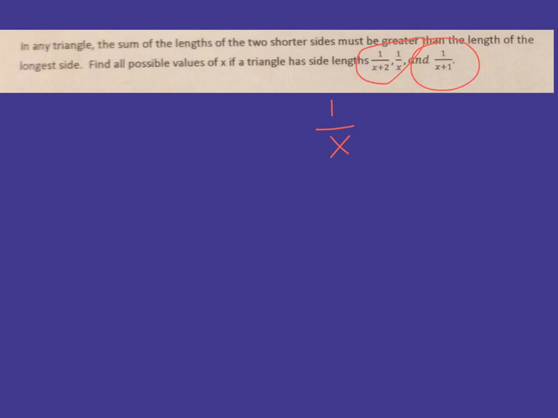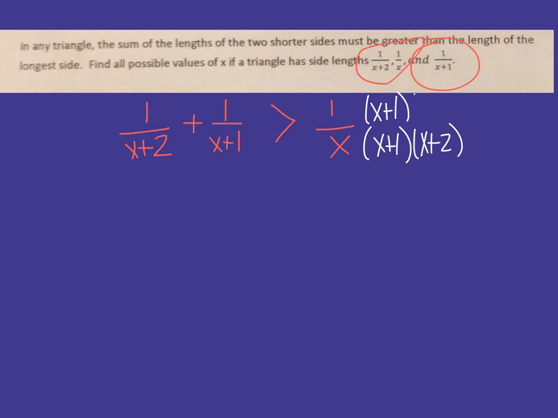So if I write this rule down in terms of these sides, it's saying that this side plus this side has to be greater than the length of the longest side. So now I have a lovely little inequality here. I'm going to have to do some multiplying to get common denominators. This one has a little bit more multiplying than usual because it has so many things.